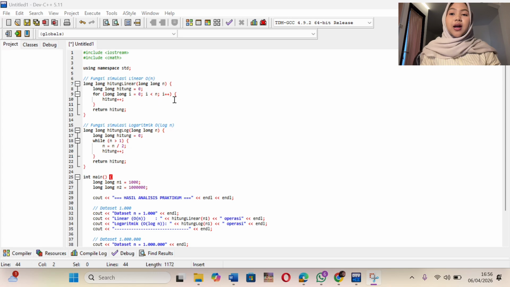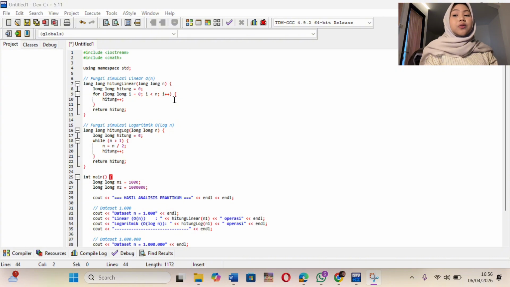For n equals 1000, the linear function performs 1000 operations, while the logarithmic function performs only 9 operations. For n equals 10,000, the linear function performs 10,000 operations, while the logarithmic function performs only 19 operations. Look at that difference. 1,000,000 versus 19, that is the power of a logarithmic algorithm.